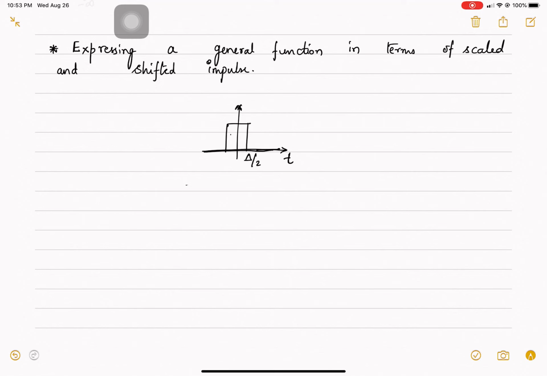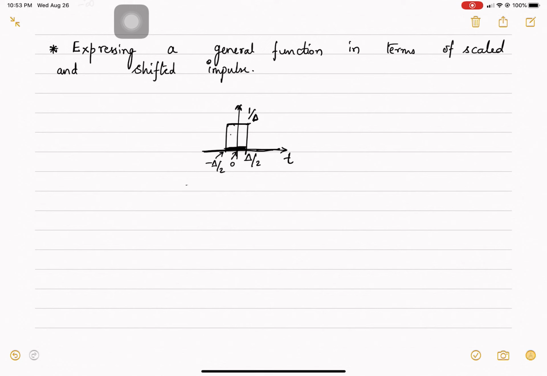This is my t equal to 0, this point is minus delta by 2, and the other one here is plus delta by 2. Let's say I take the height of this pulse to be equal to 1 by delta. You can see that this pulse has a value of 1 by delta for this time interval, as well as during this time interval.